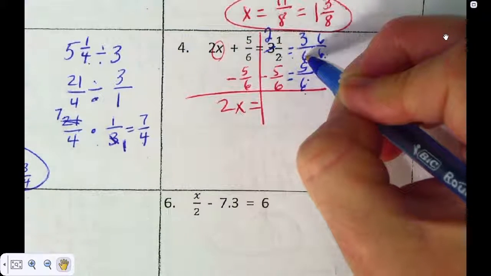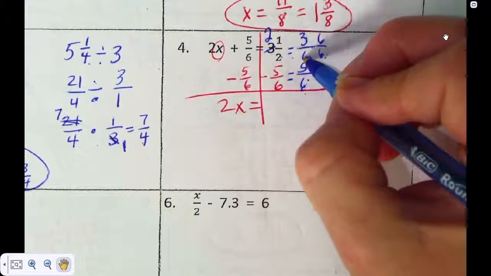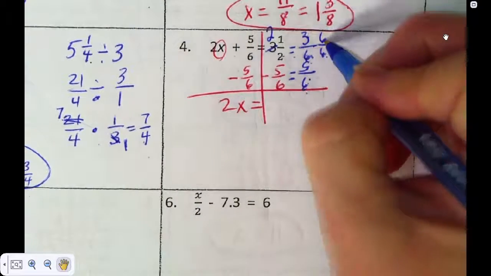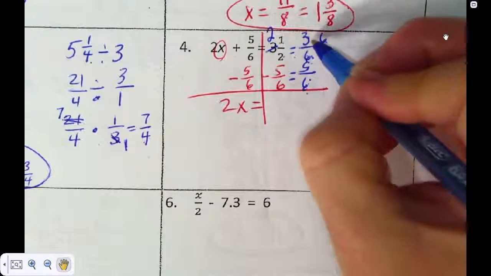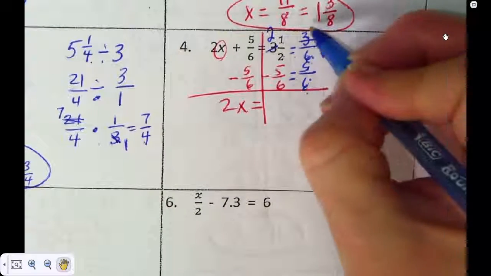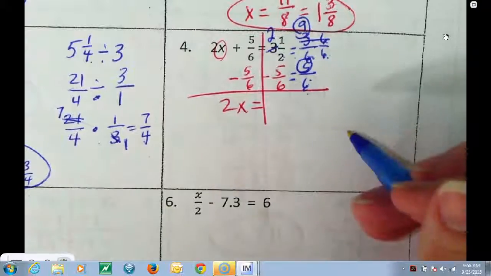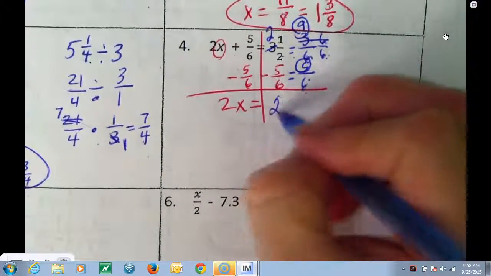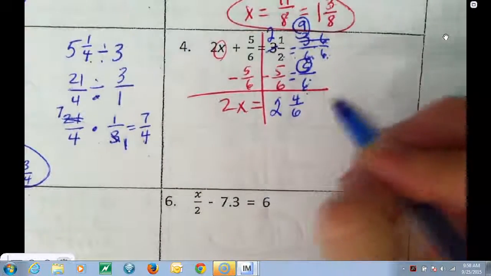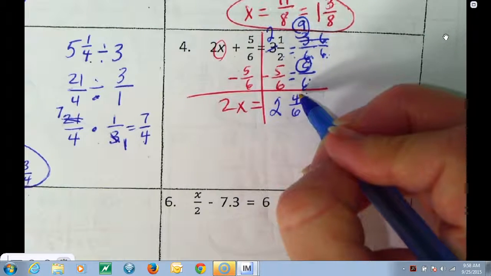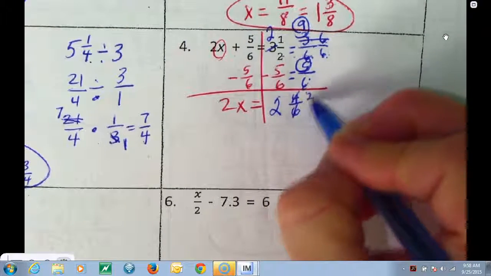I wouldn't cut it into 8/8 this time because I've got 6. So now I cut it into 6/6, but I already had 3, so now I have 9. Circle the 9, circle the 5 because that's what you're subtracting. And so you're going to get 2 and 4/6, which is 2 and what? Yes, 2 2/3.